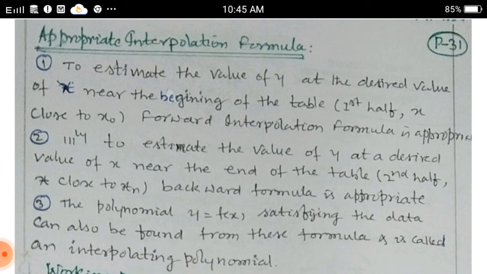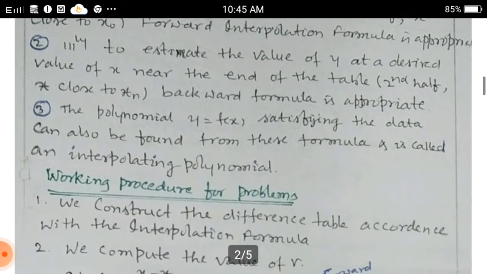That is, Newton's forward interpolation formula is appropriate when the value of x is near to x naught or in the first half of the table.